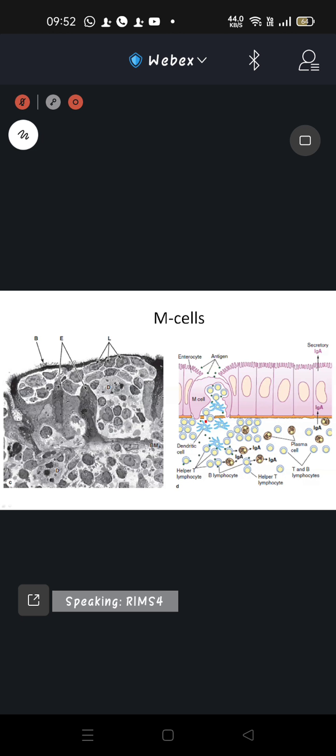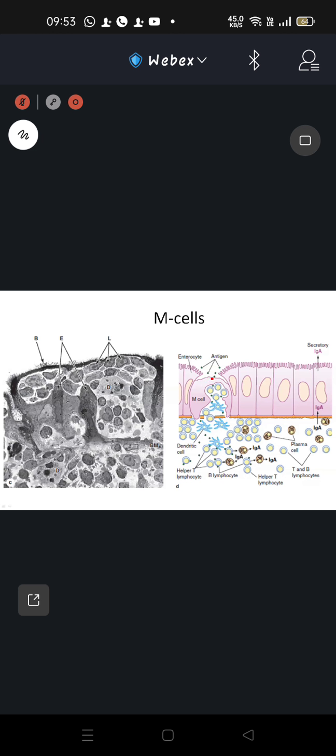So macrophages and lymphocytes are penetrating these fenestrated basement membranes and accumulating into the cells. And these macrophage cells also have this antigen presenting portion, so they also act as antigen presenting cells.